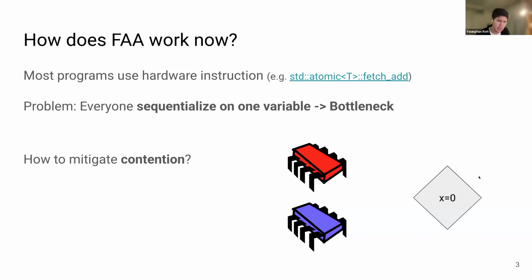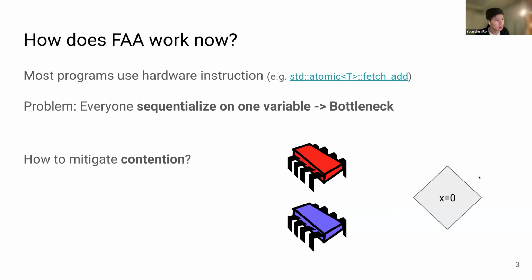But the problem here is that, we don't need to know the details of the hardware implementation, but basically, if multiple threads call the hardware fetch&add instruction on one variable, then they all have to wait for each other to finish their fetch&add. That's basically they all sequentialize on this main variable.